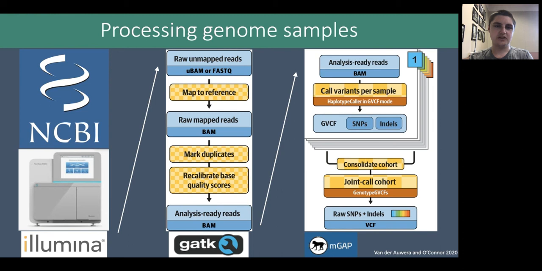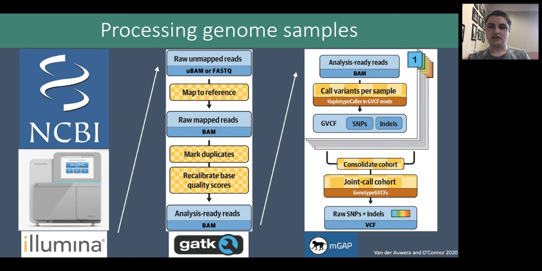So the first thing I've done here is that I obtained roughly 20 publicly available genomes for both these species from the NCBI. These were Illumina sequenced genomes, so I ran them through a standard GATK best practices pipeline, where first I had FASTQ files that I mapped to a reference to generate BAM files. I marked duplicates and recalibrated base quality scores on these.